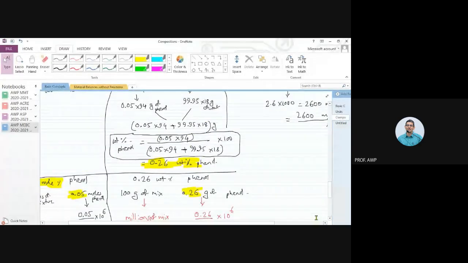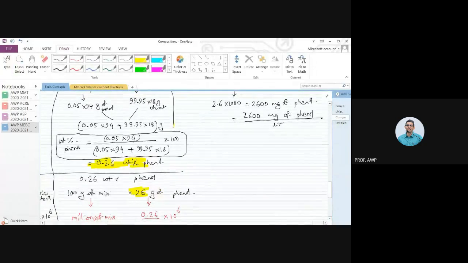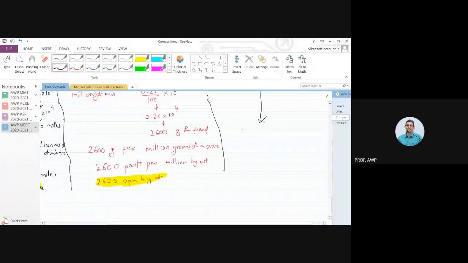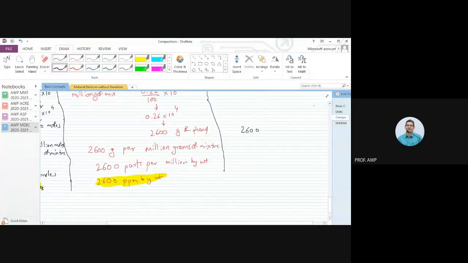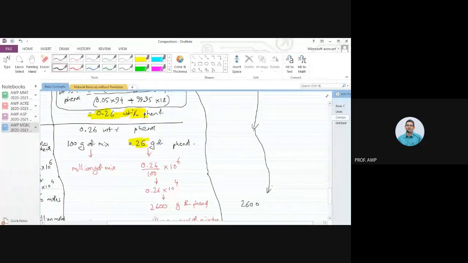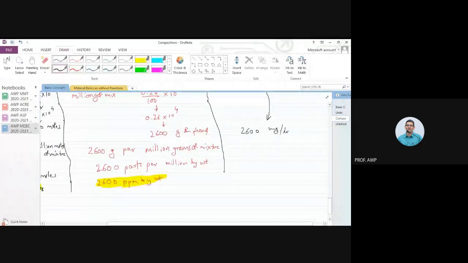Right? The third thing, 2000 milligrams per liter. This is like 2600 milligrams per liter.